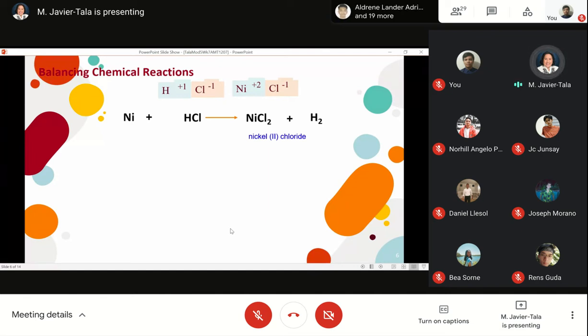So you write it as a subscript after doing your crisscross method. Now for the elements, class, in a reaction, your nickel and hydrogen gas: nickel, when it is alone, has zero charge. Then also your diatomic element, hydrogen gas, when it is not in compound form, its charge is also zero.